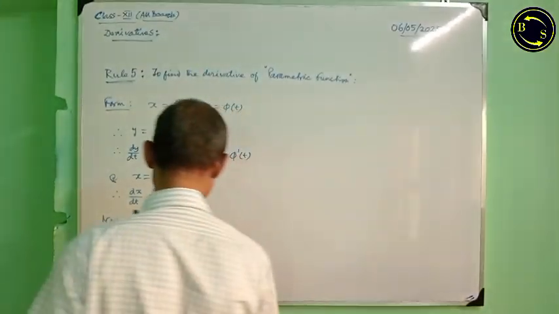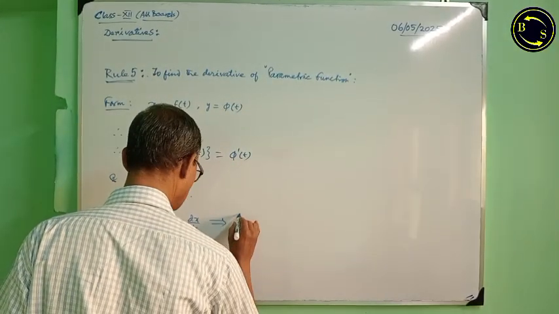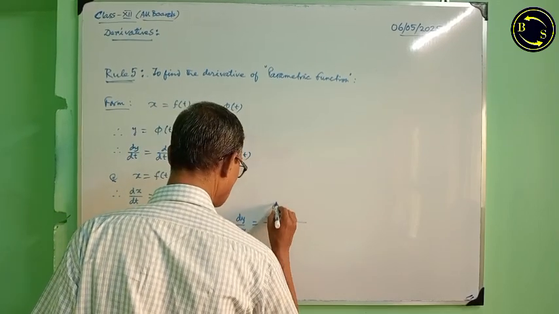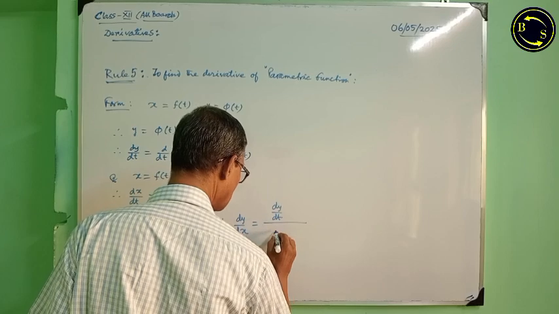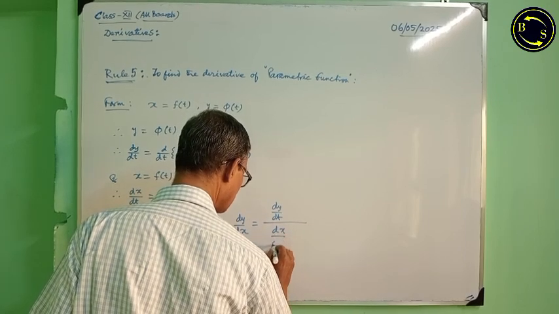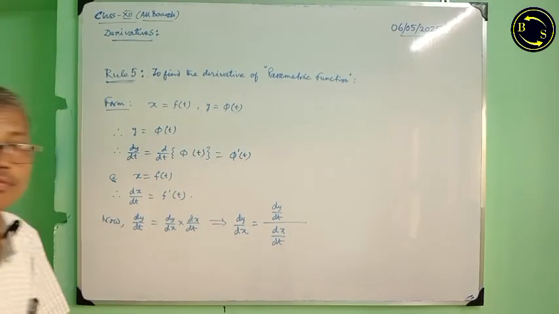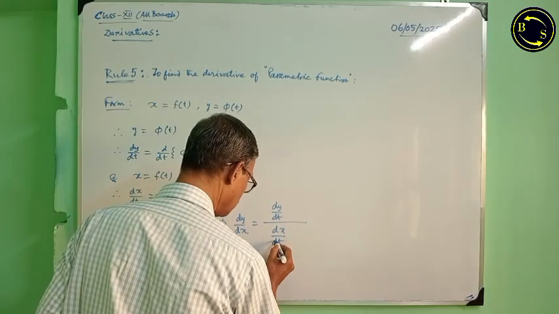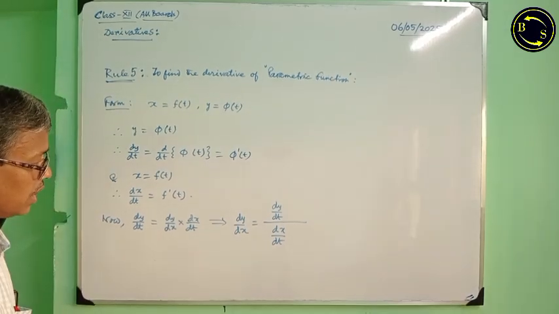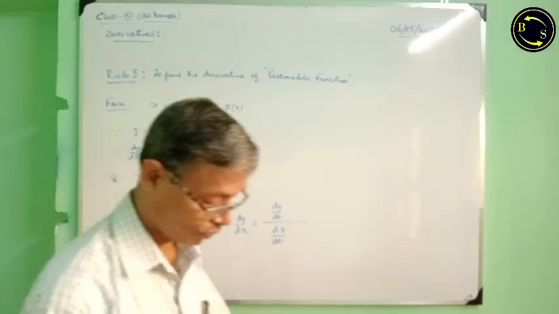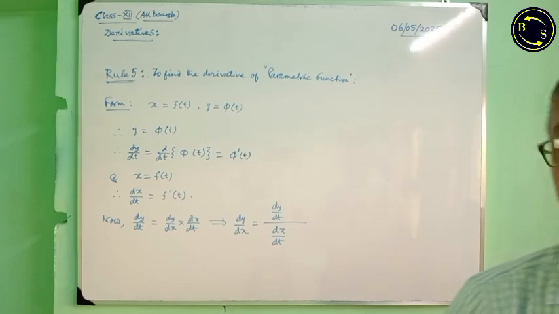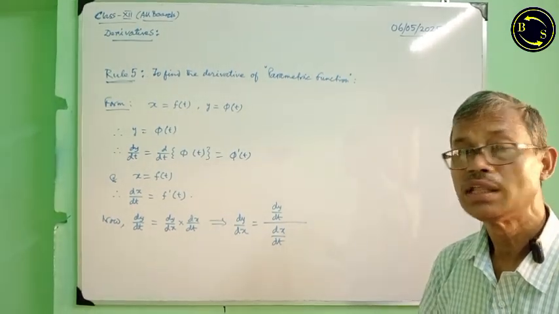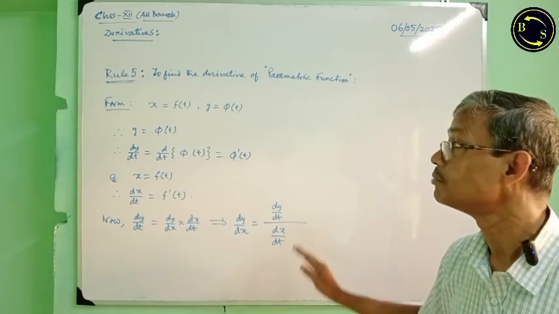From that, dy/dx is equal to dy/dt divided by dx/dt. Therefore, finally we shall use this relation. dy/dx is equal to fraction, numerator is dy/dt, denominator is dx/dt. We shall apply this concept.